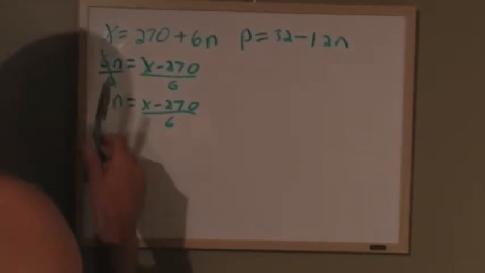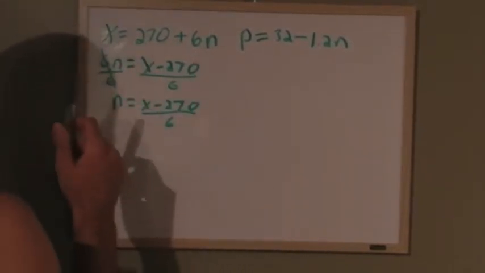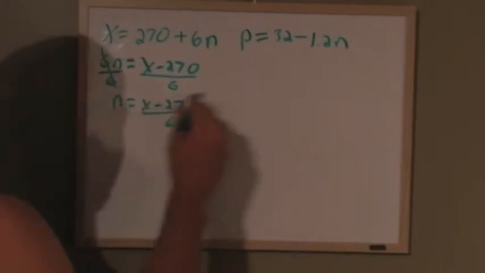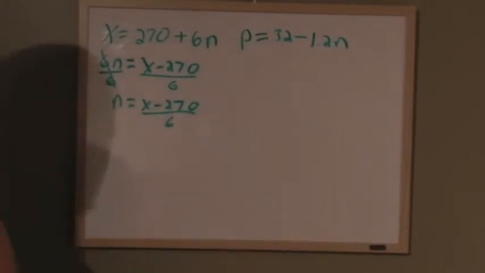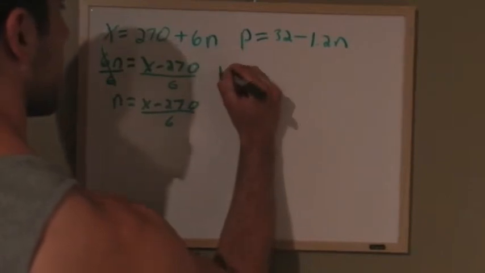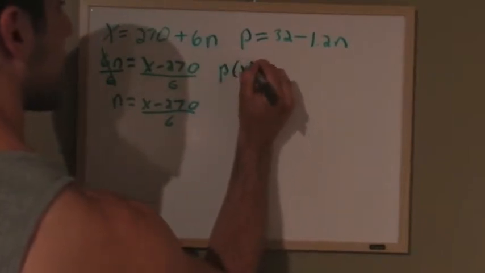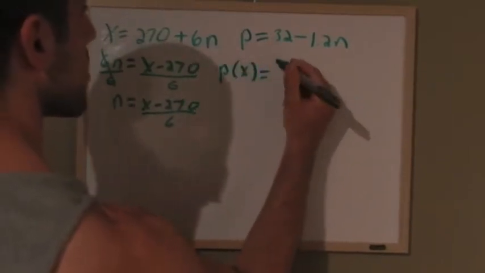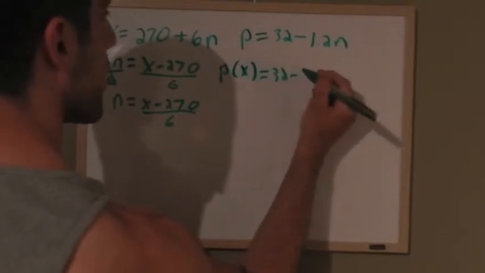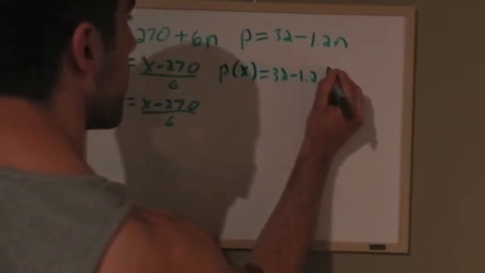Now we want to make P of X. So what we do is put our N into the P equation. Therefore, we make P of X equals 32 minus 1.2.